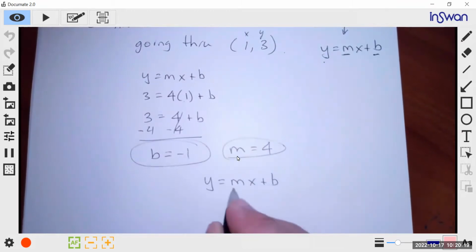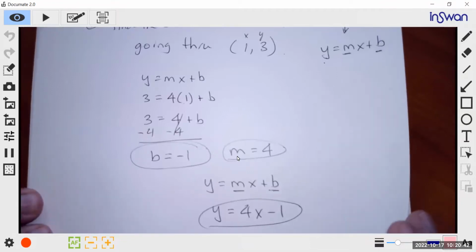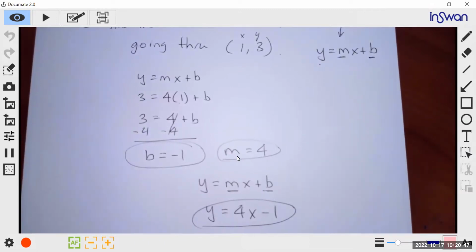Just plug and play. Put those values in. Let's do another one. So if I give you 2 points, then you find the slope, and then you pick one of the points and solve it.